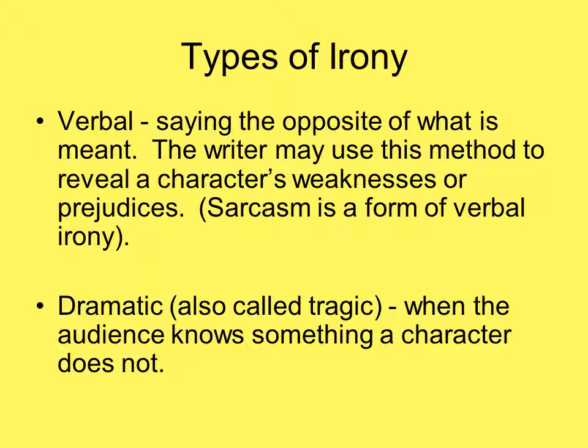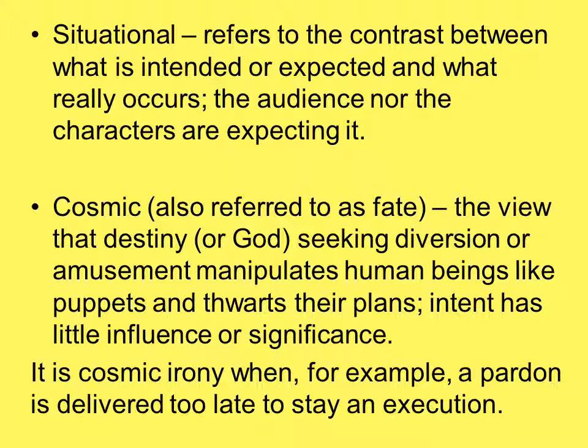We've got the types of irony: verbal, and sarcasm is a form of verbal irony, but they're not the exact same. We have dramatic irony. Oh, Romeo and Juliet, so much drama. Situational irony, and then cosmic irony. It's cosmic irony when, for example, a pardon is delivered too late to stay an execution. Ah, the irony.